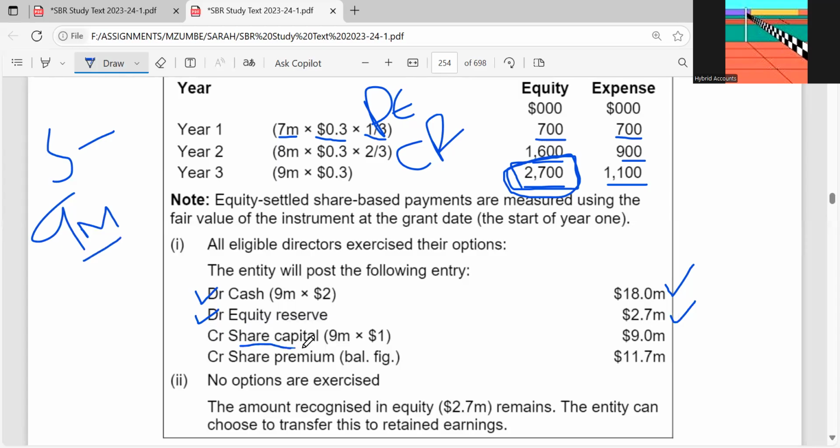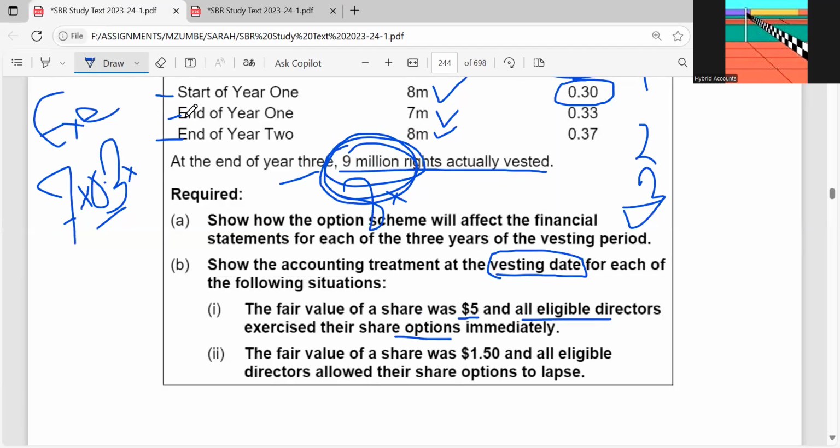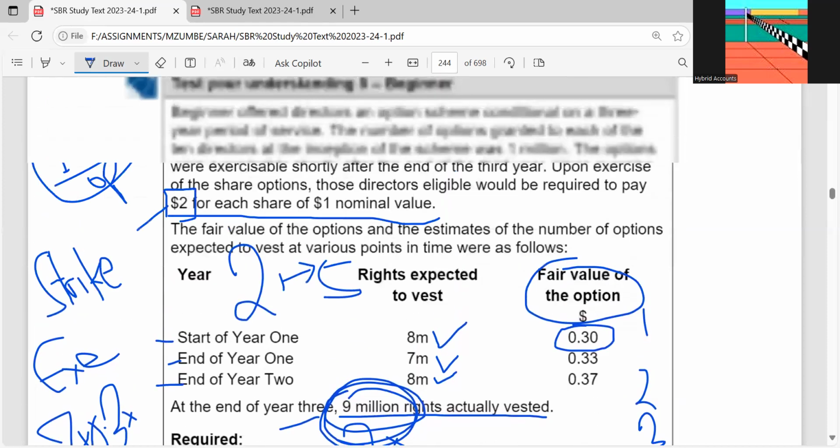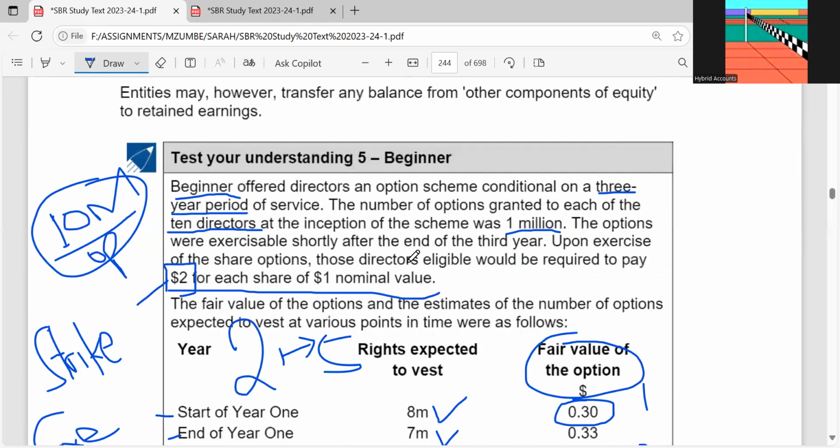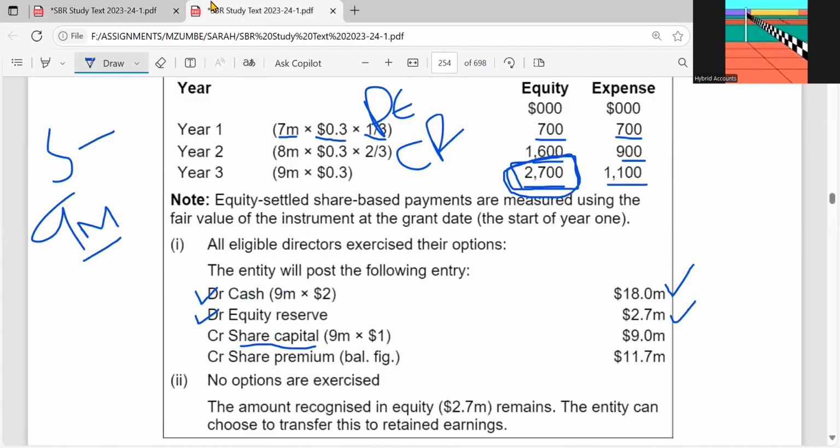How do we get the share capital? Share capital is obtained by taking the number of shares times the nominal value of shares, not the fair value. Were you given the nominal value of shares or not? It's here. We are told you'll be required to pay $2 for each share of $1 nominal value. That's the nominal value of shares. Share capital should always be recorded at nominal value.